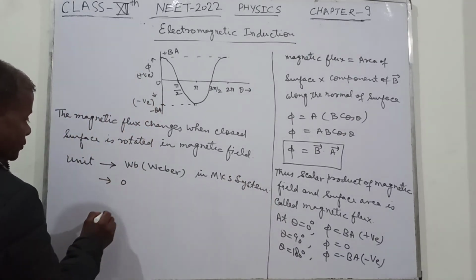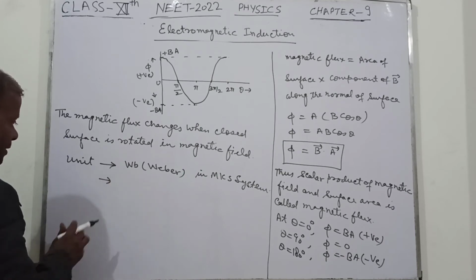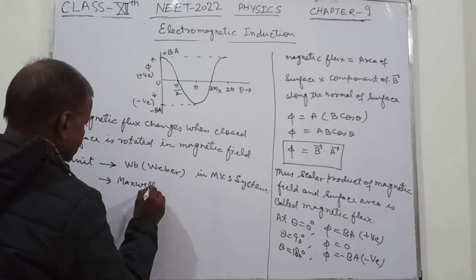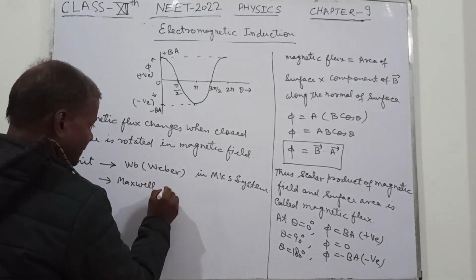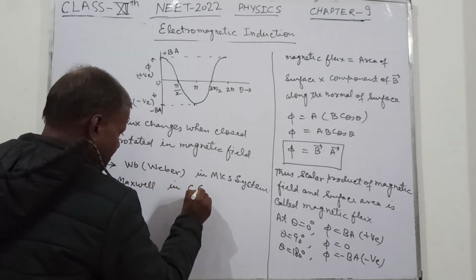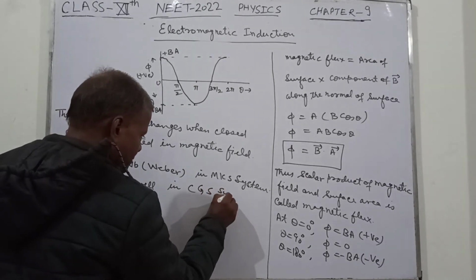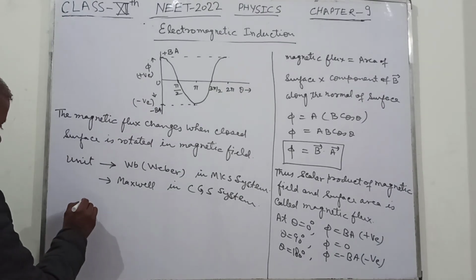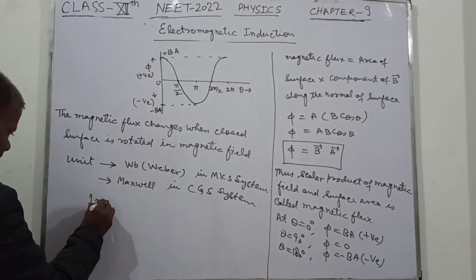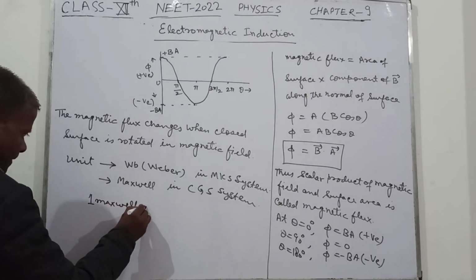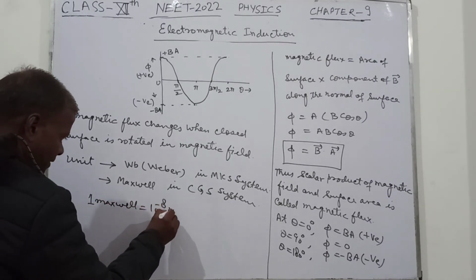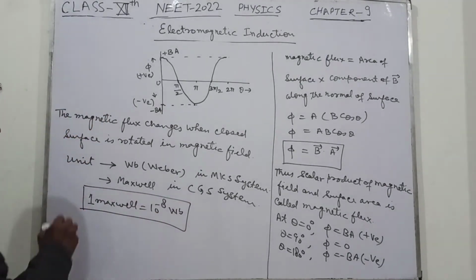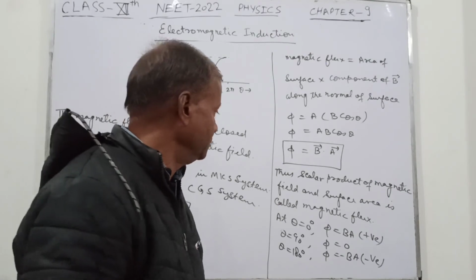Another unit is the Maxwell, which is in CGS. We have the relation that 1 Maxwell equals 10 raised to the power minus 8 Weber. This is the relation between Maxwell and Weber.